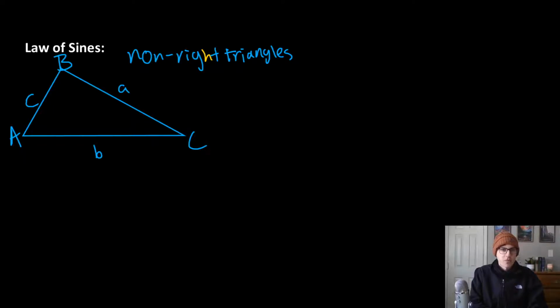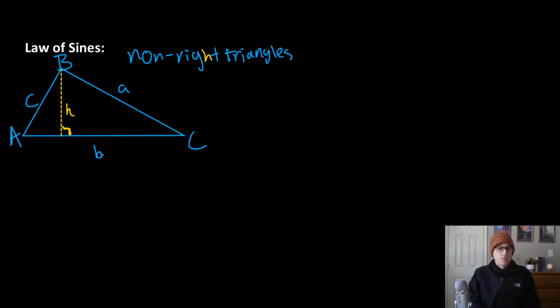If I were to drop the altitude, we'll call that H because it's our height. Now we can use our trigonometric ratios to figure out what A, B, and C are, if we know some other things.